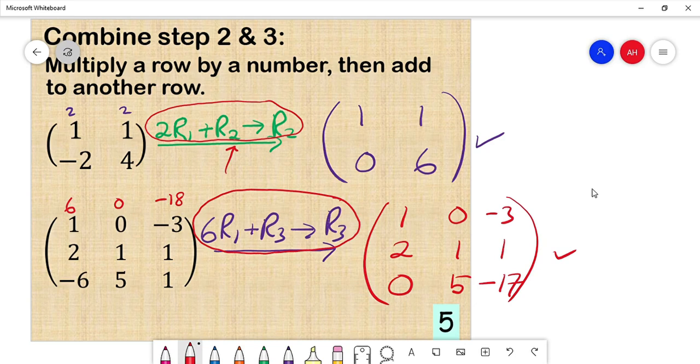And operation number 3, we can always add two rows together. Or we can combine, like in this example, step number 2 and step number 3 together. We multiply the row by a number first, and then we add it to another row. It's allowed.